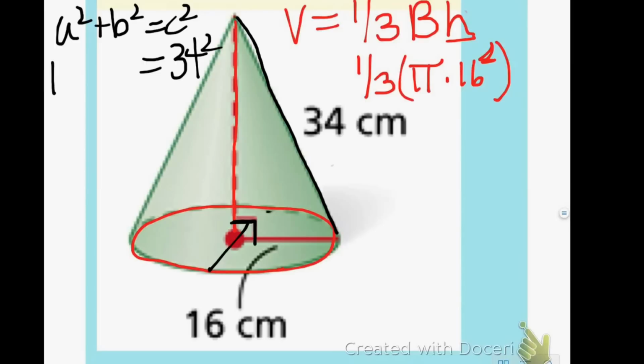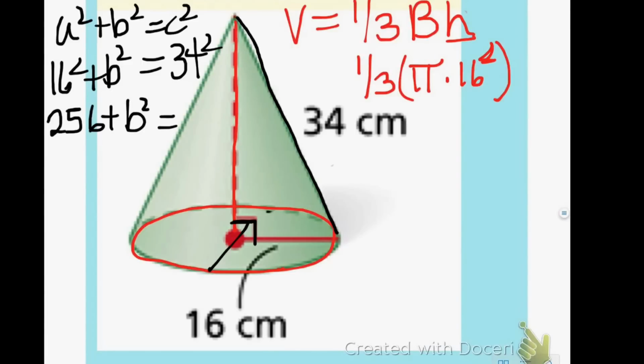So that could give me 16 squared plus B squared equals 34 squared. So I want to work that out. 16 squared is going to give me 256 plus B squared equals 34 squared. And that's going to give me 1,156. So to solve for B squared, I need to subtract 256 from both sides.